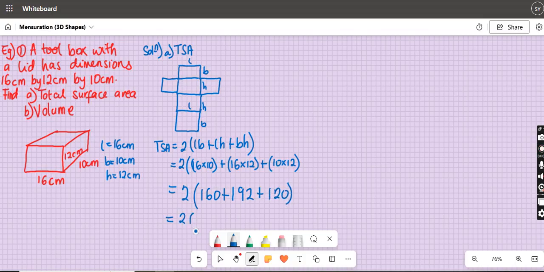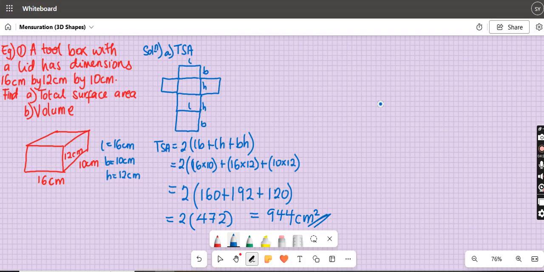Now if we sum up everything, 160 plus 192 plus 120 gives us 472. Now multiply it by 2 to get 944 centimeters squared. This is an area, so we have centimeters squared.